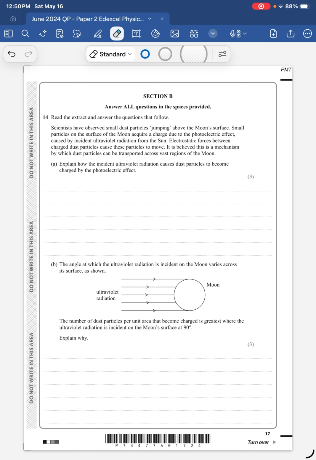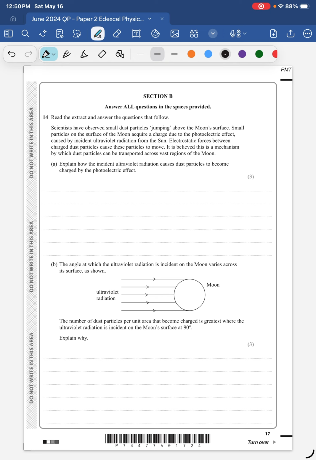Okay, section B. It says answer all questions in the spaces provided. There are just two questions in section B. So it's slightly different than the international A levels. Okay, read the extract and answer the questions that follow. Scientists have observed small dust particles jumping above the moon's surface.